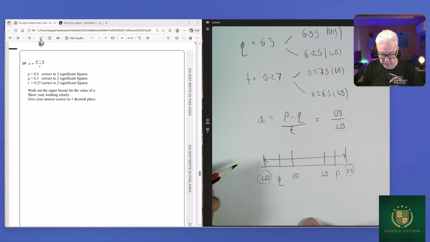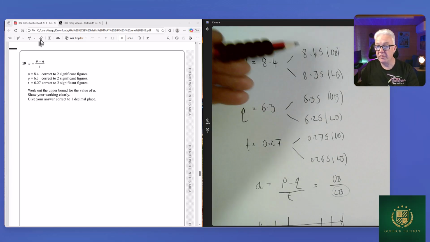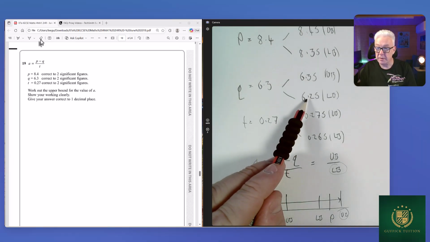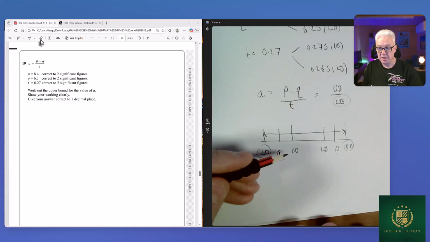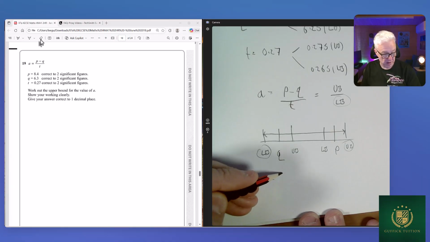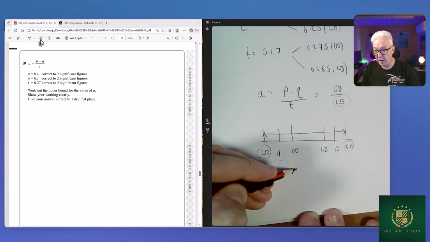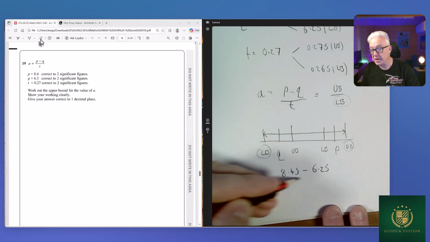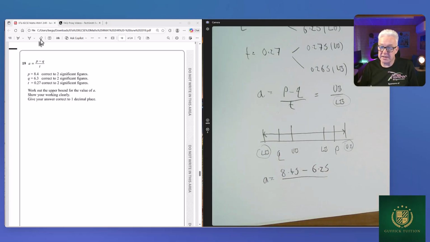Let's see what that's going to be. Our upper bound for P is 8.45 and our lower bound for Q is 6.25. So we have 8.45 take away 6.25, and that gets divided by the lower bound of T, which is 0.265.